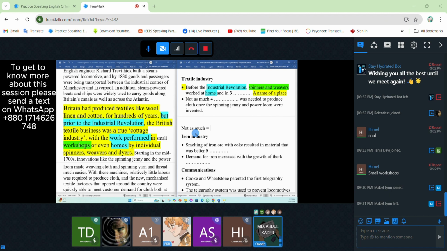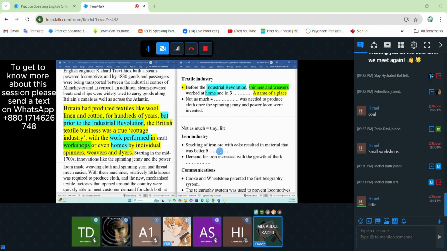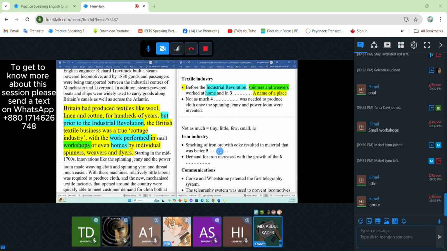The similar word may be tiny. Not as much means tiny. Another word, little. Another word, few. Small. Less. These kinds of words can be the paraphrased words.